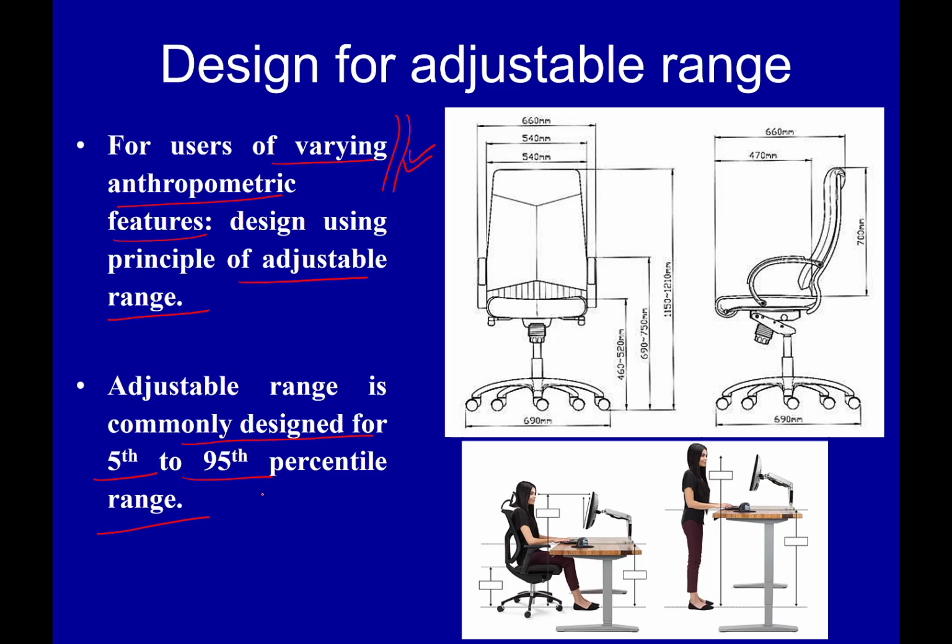Like say the chair height adjustment, here one can adjust the height of the chair. Computer chairs are mostly of the adjustable height range because there can be any user, and in different situations these can be used in different ways.